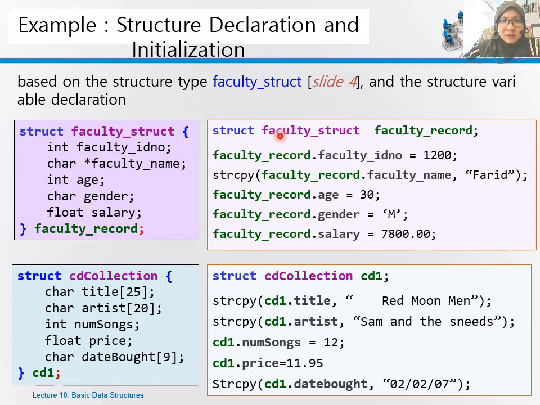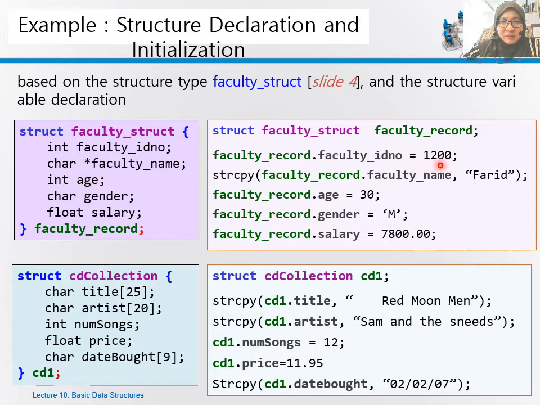So this is how you declare, and then this is how you initialize it. So struct faculty, then you have the faculty record. This is your struct name, and this is the variable of the struct. You can see the colors represent how the texts are represented. These green ones are the structure variable. So we have faculty record dot faculty ID number. This is how you retrieve the value with the data.